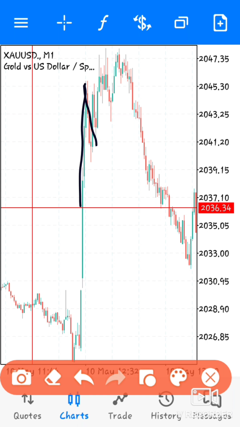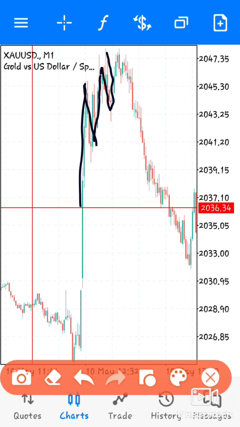People saw this and went in for a sell, and all of a sudden price moved up, took their liquidity above here, and then pulled down again. People came in, and price went up and took them out with this long wick you see here.